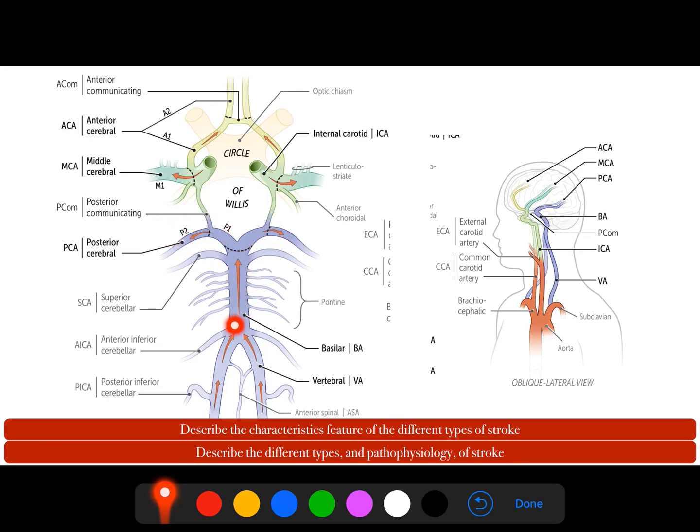Just before the basilar artery, which is formed of the vertebral arteries, gives off PCA, it gives off superior cerebellar arteries. Just after it's formed by the vertebrals, it gives off anterior inferior cerebellar, and the vertebrals give off PICA, posterior inferior cerebellar, and the anterior spinal arteries. So you need to be able to draw this out like the back of your hand.